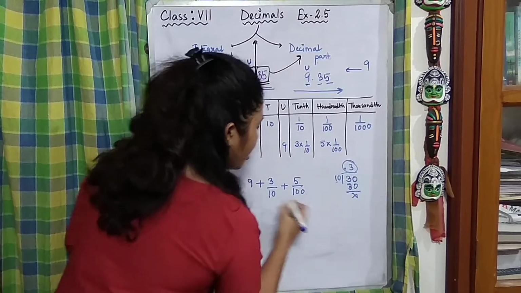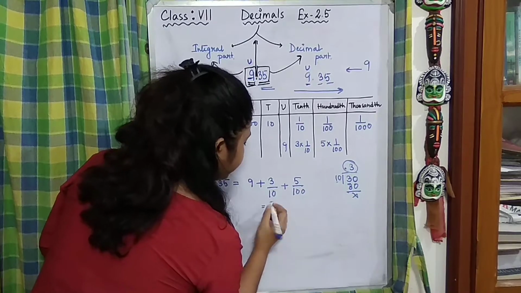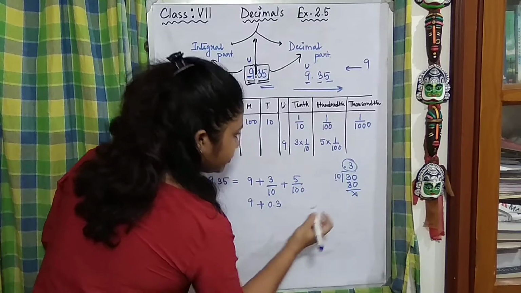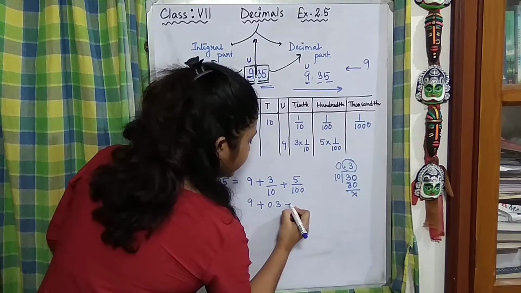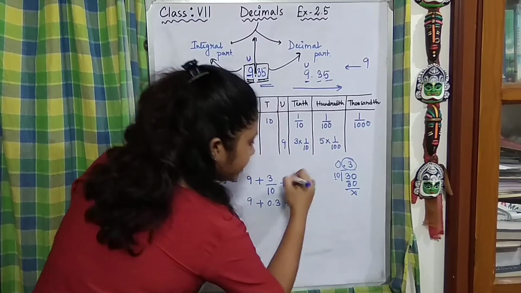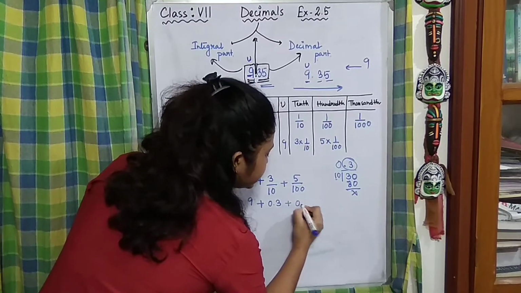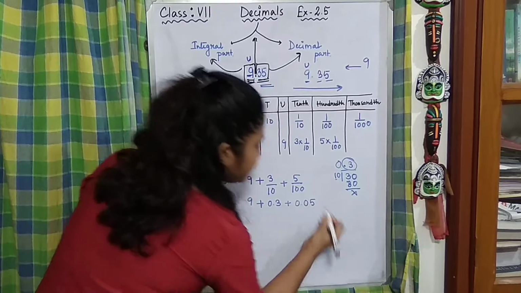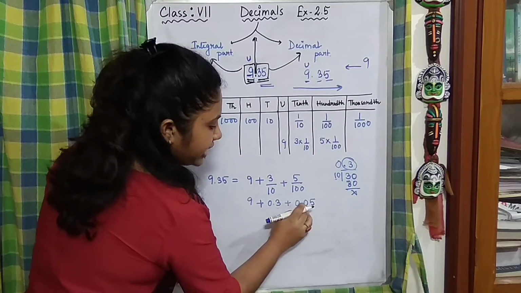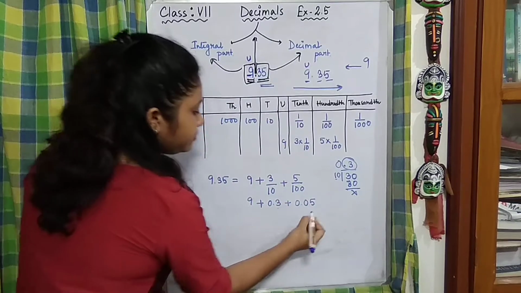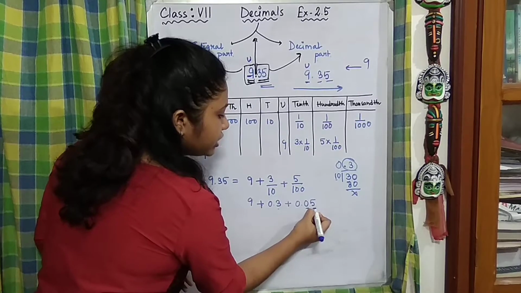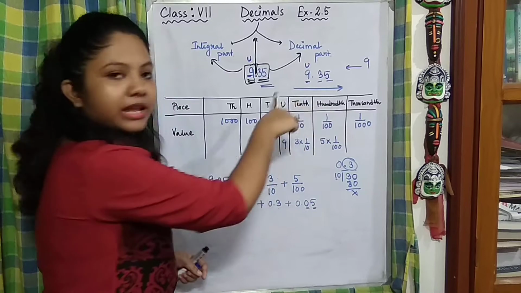So the value of 3 by 10 is 0.3, and your number is 9 plus 0.3. Similarly, when we divide 5 by 100, it will be 0.05. You can see the tenths place was empty and filled with a 0, and we have put the 5 in the hundredths place.